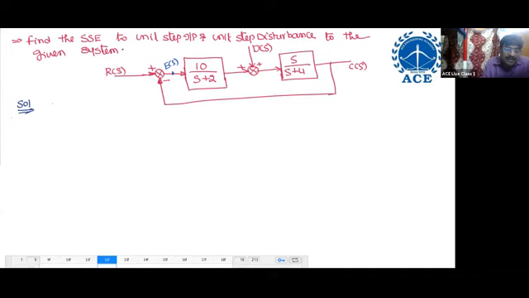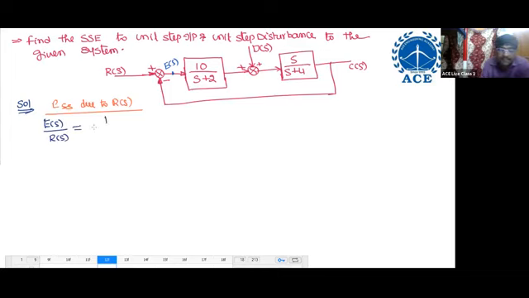So steady state error with R of S. ESS due to R of S. E of S by R of S. What is the path gain?